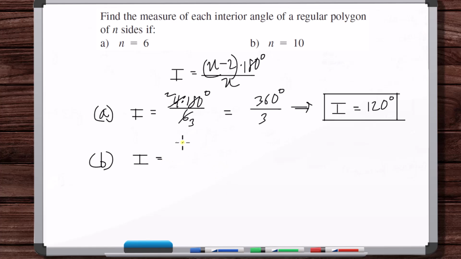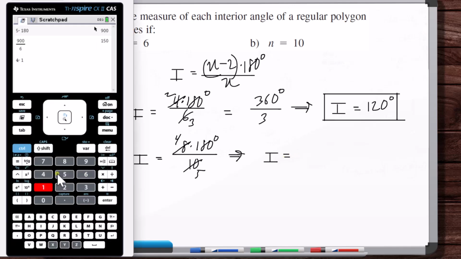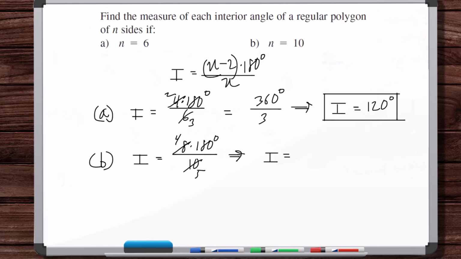When n is equal to 10, you've got 8 times 180 over 10. 8 divided by 2 is 4, and 10 divided by 2 is 5. So 4 times 180 divided by 5 is 144 degrees.